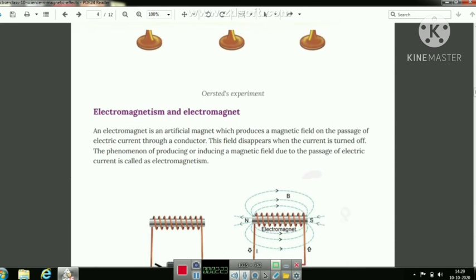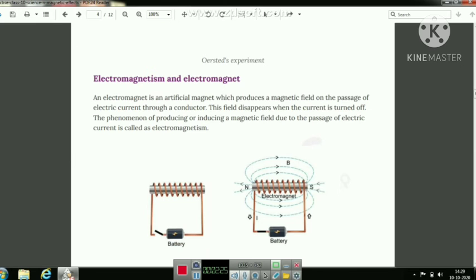Now, what is electromagnetism and electromagnet? You know about the solenoid. A solenoid means a coil of many circular turns of insulated copper wire wrapped closely in the shape of a cylinder. Here you can see this arrangement of the electric current carrying conductor.